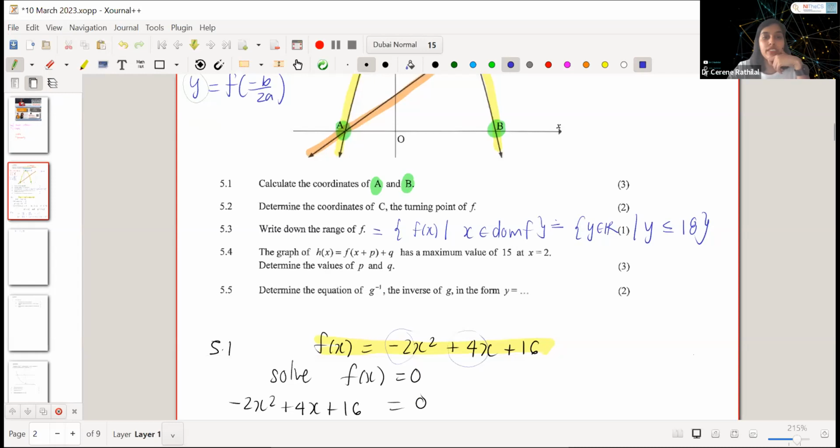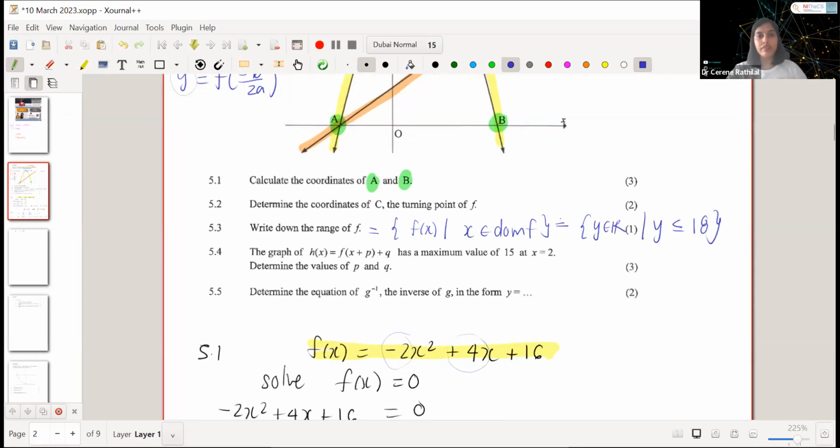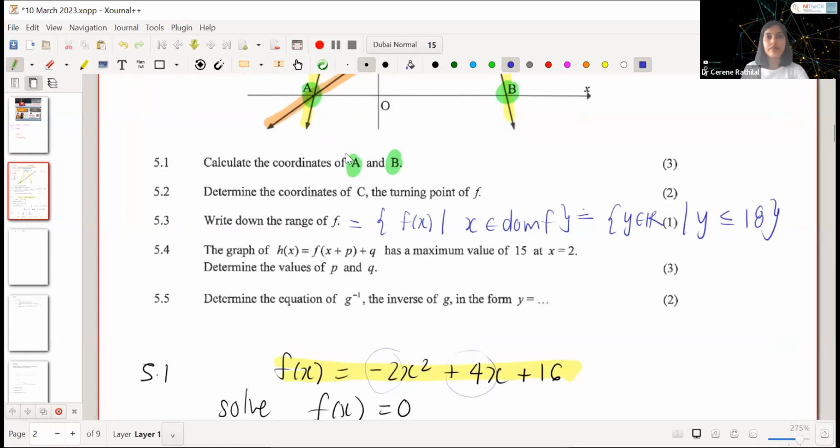Now the next question says that the graph h, right? So they have defined a new graph. Let's look at this. We have a new graph. It's not depicted. This is not drawn on the question above. And we're told I can create h given f.